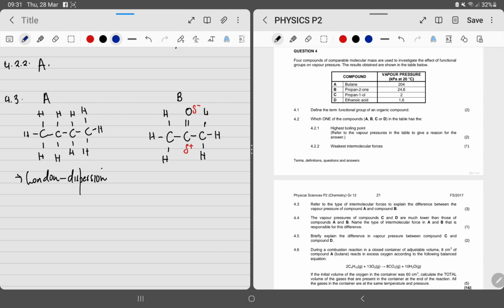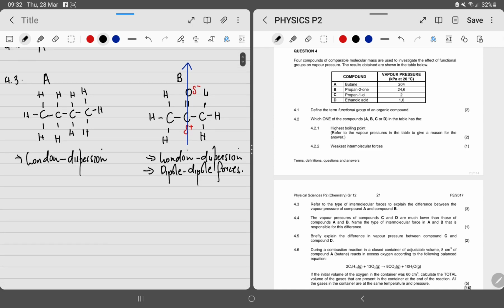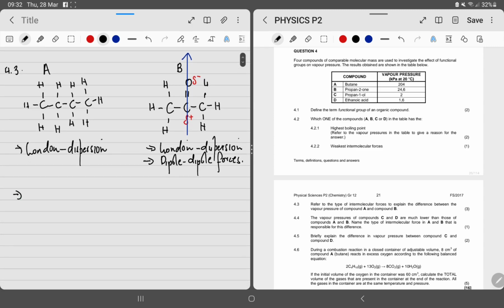Oxygen will pull electrons towards its nucleus, so we'll have a dipole moment in that direction. So the type of forces that we have here are the London dispersion forces, and then we also have the dipole forces.